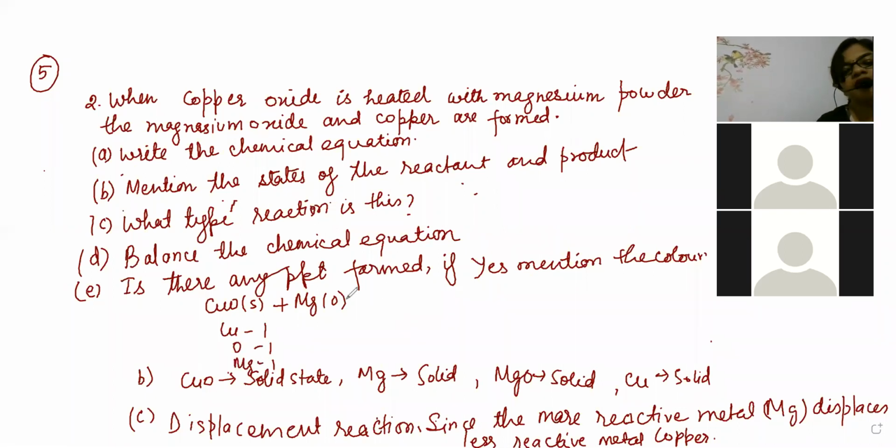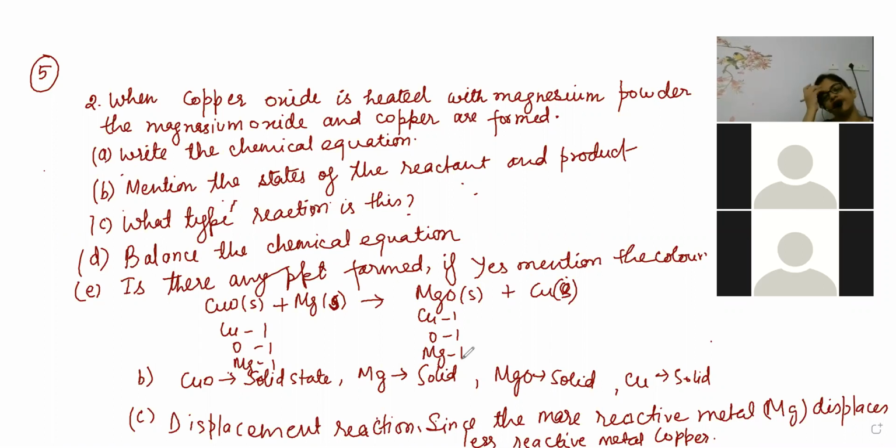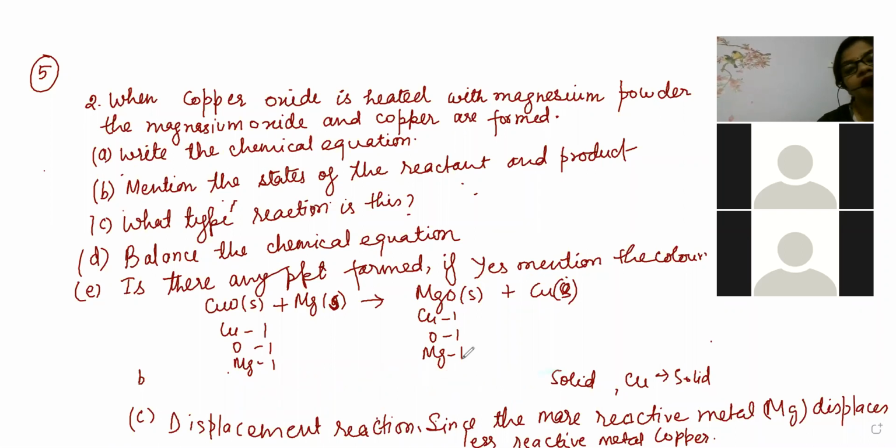In solid state, it is giving magnesium oxide solid plus copper solid. Here again copper 1, oxygen 1, magnesium 1. Then you finally mention that since the number of atoms in the reactant is equal to the number of atoms in the product, the chemical equation is balanced.